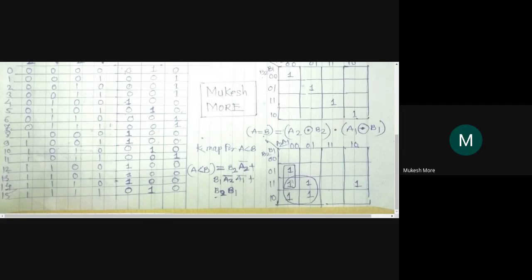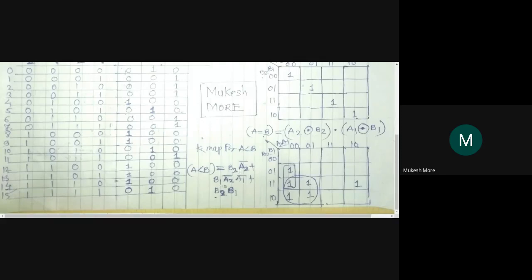Now what is the equation? The equation for these four adjacent cells is B2 and A2 bar. So B2 and A2 bar is the equation for this quadrant.